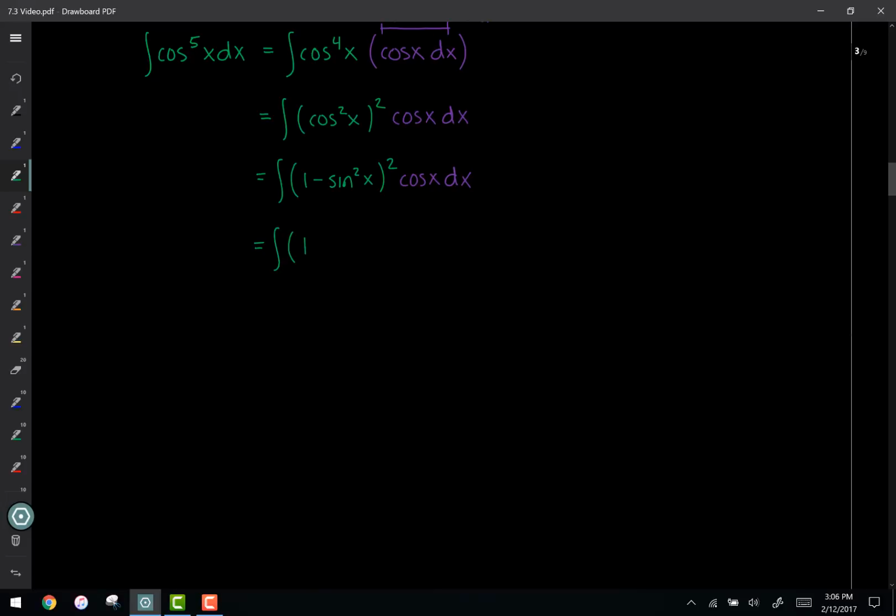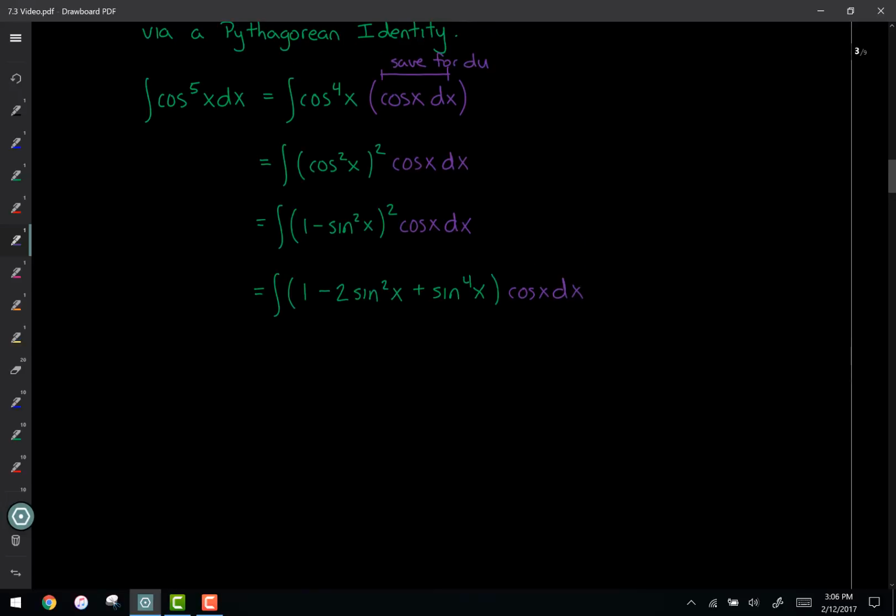That will be 1 minus 2 sine squared x plus sine to the fourth x, times the bit that we're saving. And now we're ready to do the u substitution. We're going to let u be sine of x, because those are the ones that are inside of the powers.